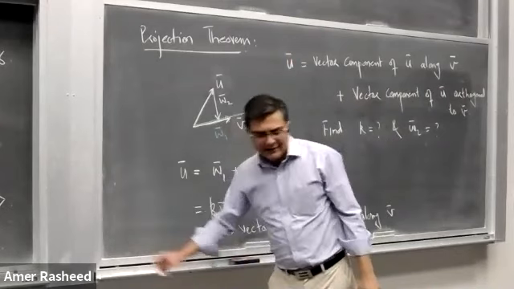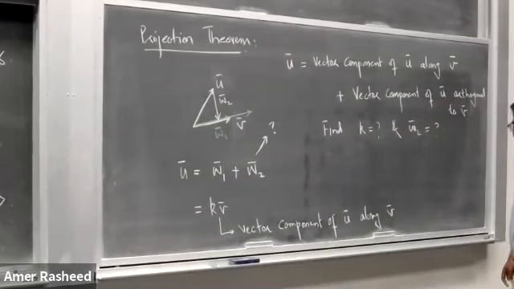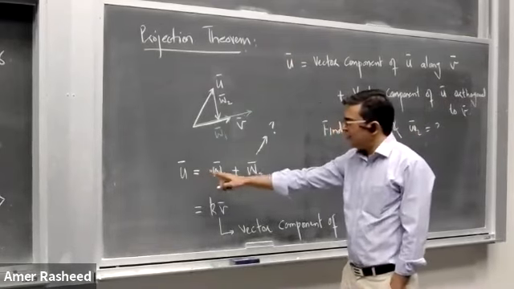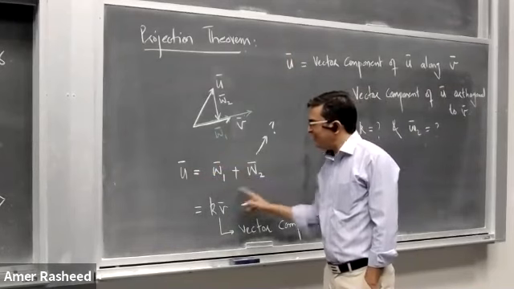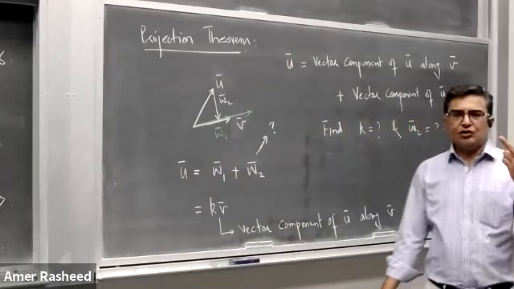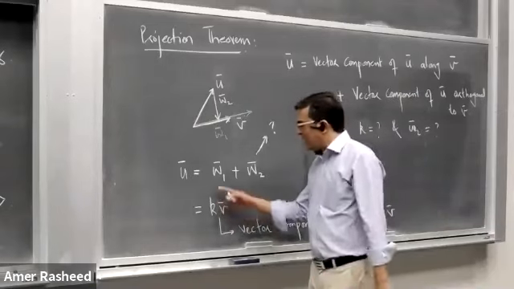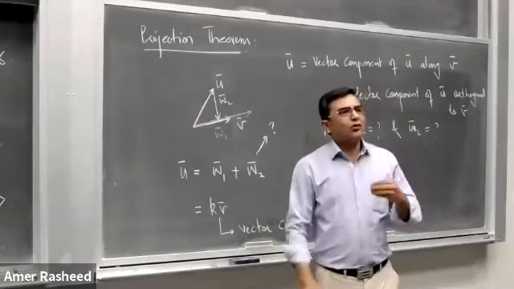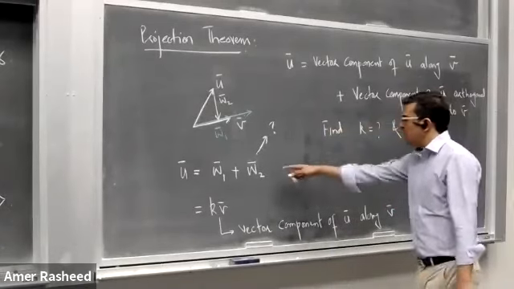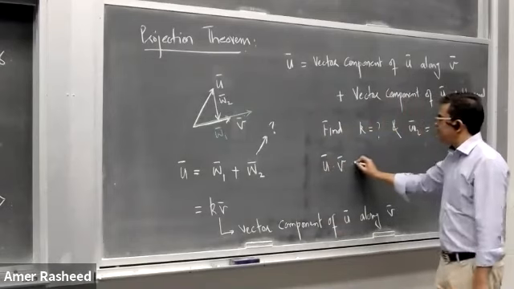In order to find K, we have this U, and we take the dot product of U with V, because we only know two vectors, U and V. So in order to find K and W2, we can only use these two vectors. So we take the dot product of U with V on both sides.